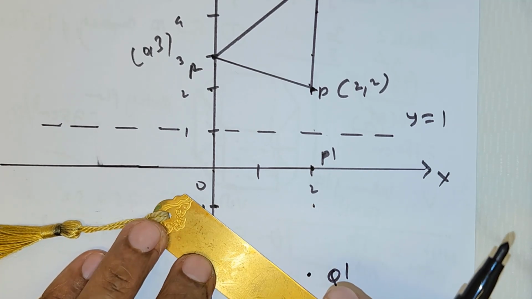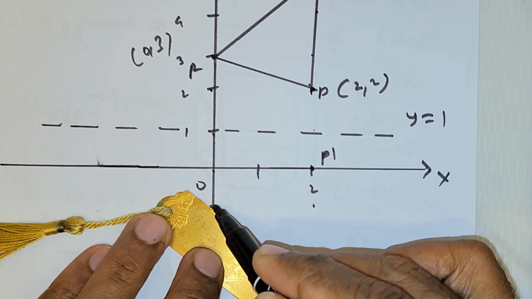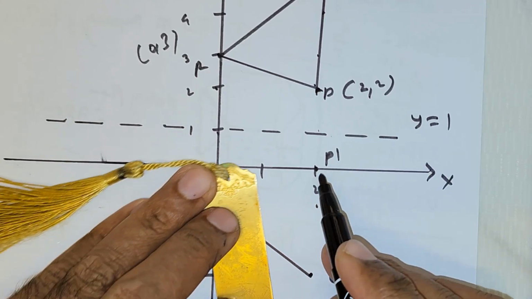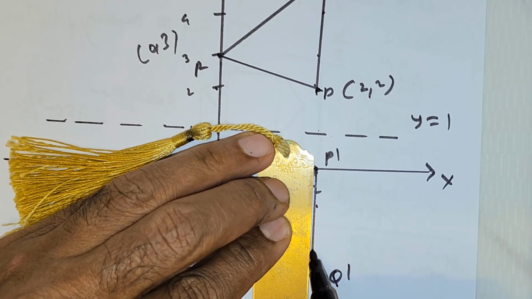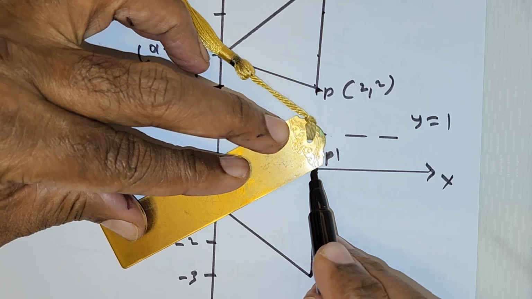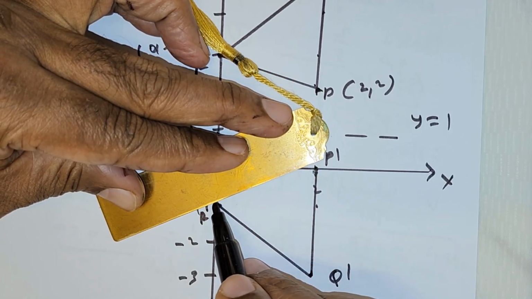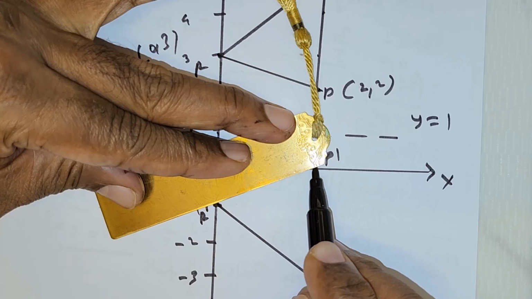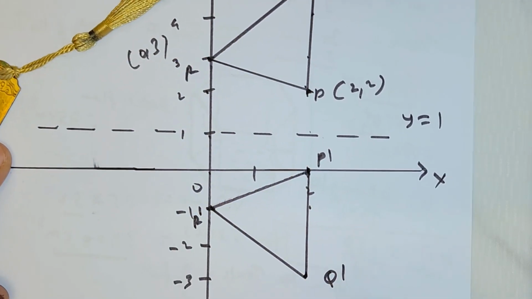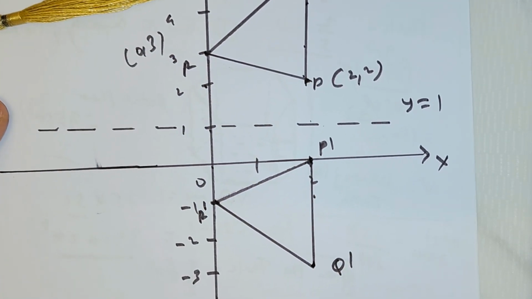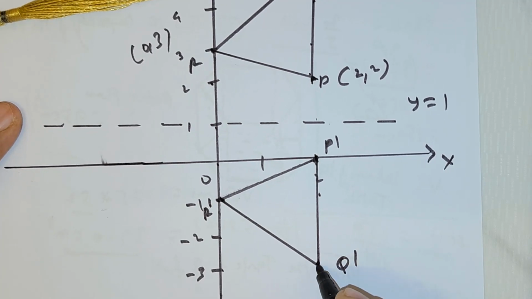So if I were to connect these points, probably you can use another color. Okay, so this is my new reflected triangle.